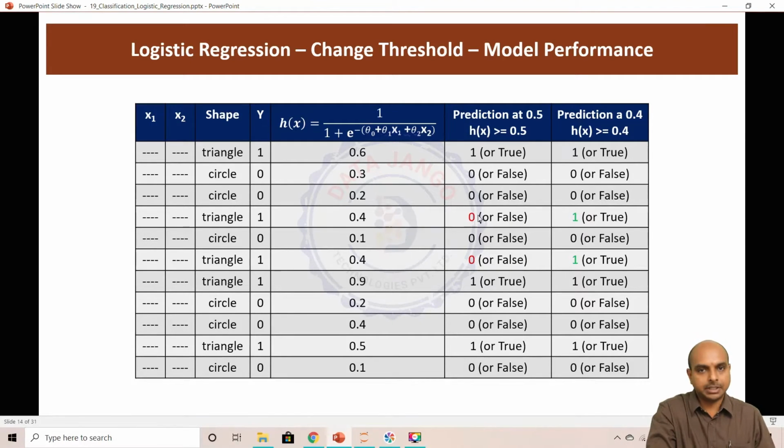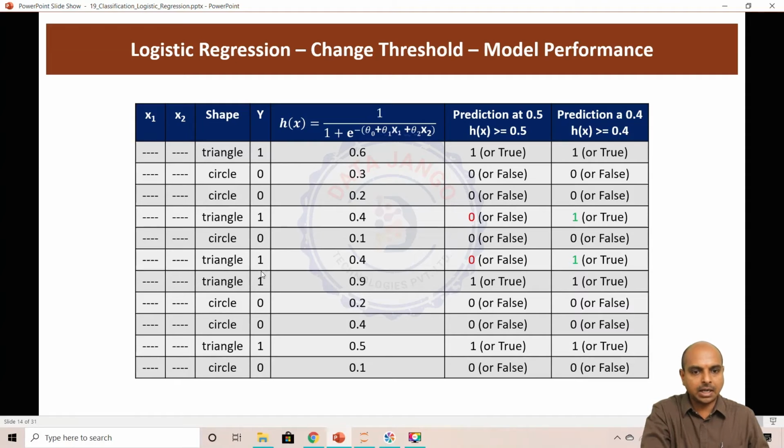Like that it will make predictions. But if you look at the fourth record, the logistic regression algorithm found the probability as 0.4. When I apply this threshold 0.5, it said that it is false. 0.4 greater than or equal to 0.5 is false. So it is 0. So the prediction is not equal to the actual value.